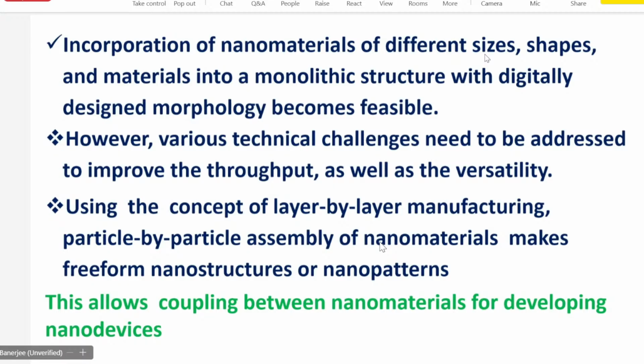So this is what I was trying to convey, that this will be able to bridge between nanomaterials for developing nanodevices through extensive application. This was the thing I wanted to convey, and I had to give you the preamble just to convince you that without knowing what you are going for in digitization, you must know what it is that you are interested in.